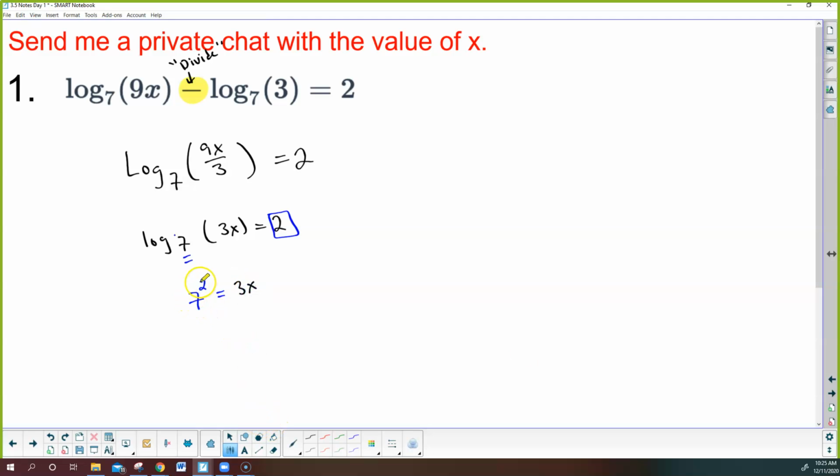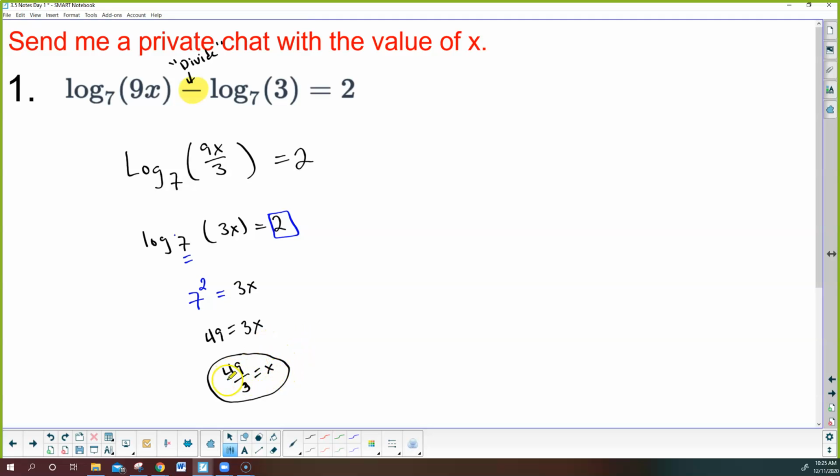And we get 7 squared, which is 49, equals 3x. And then 49 doesn't go into 3x evenly, so I would just stop right there.